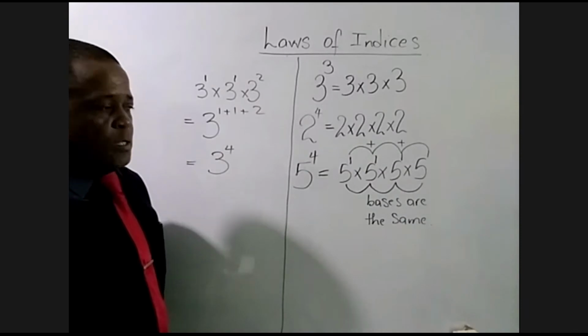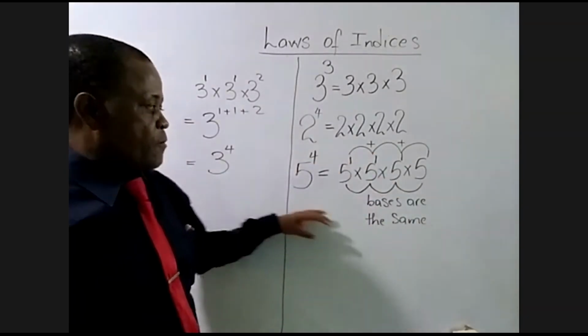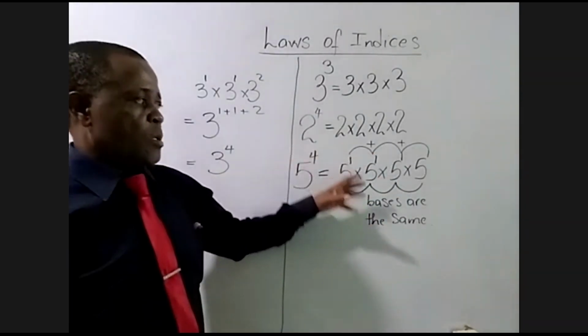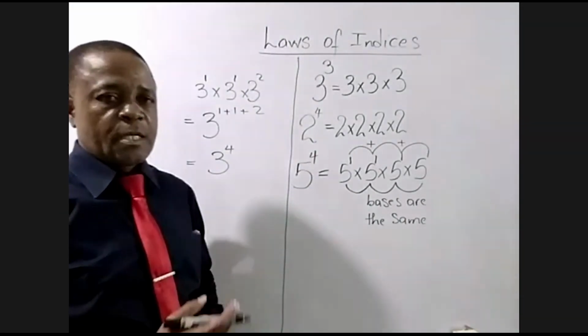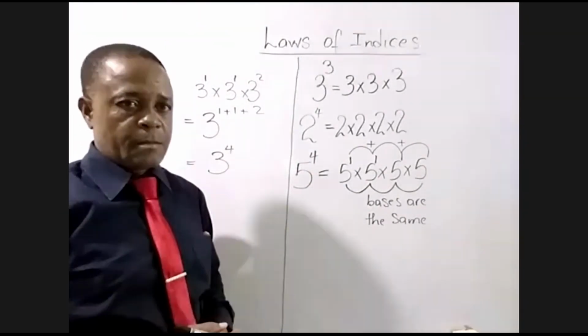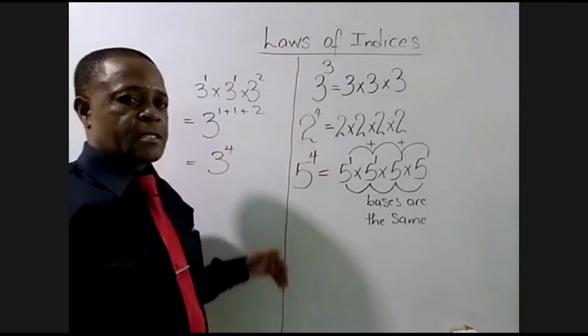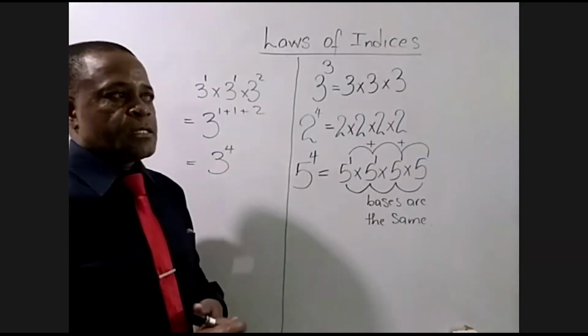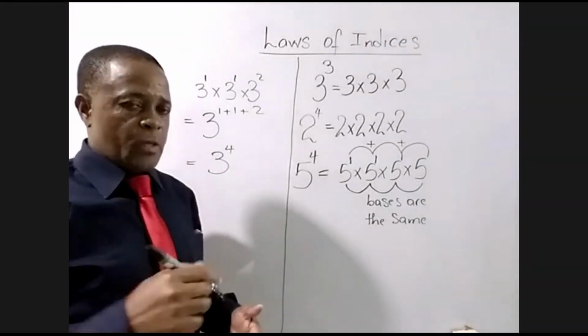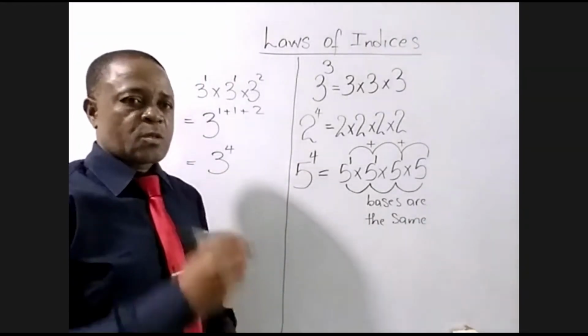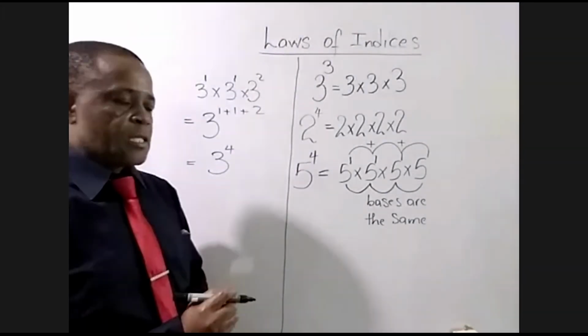All right? So basically what we have done right here is to look at the first law, which is your multiplication law. Now, what I will be doing on the board is that I will be writing these laws in symbolic form. What you can do in your notebook is to write it down in the sentence form.